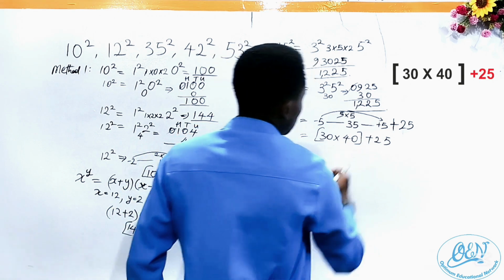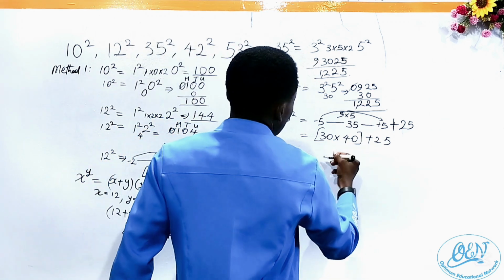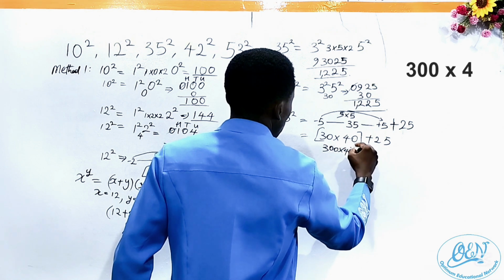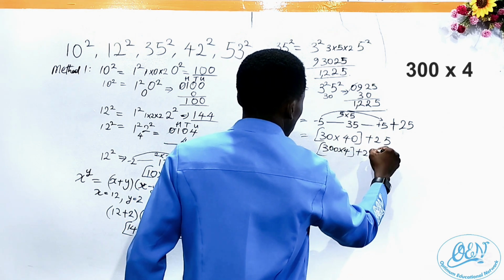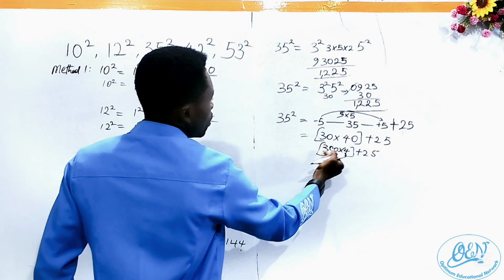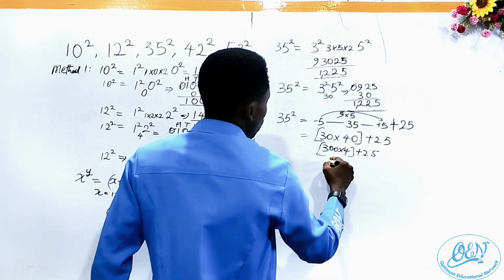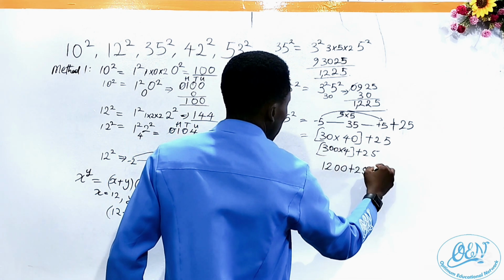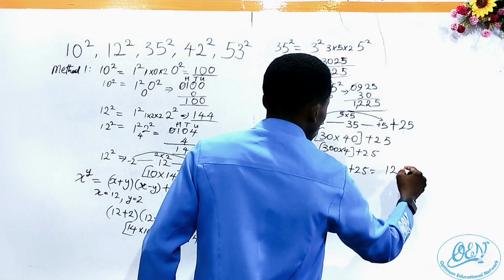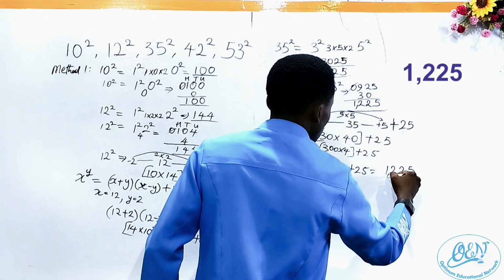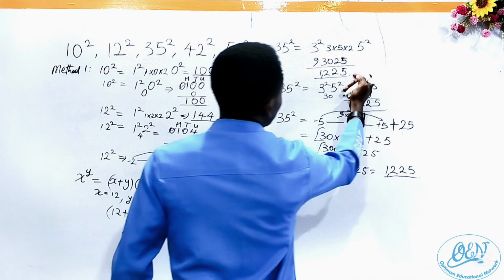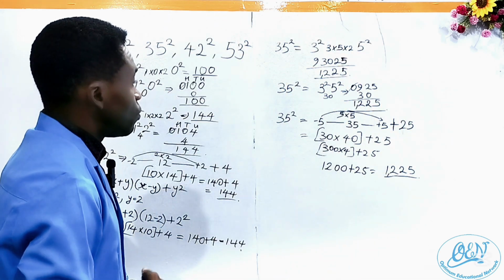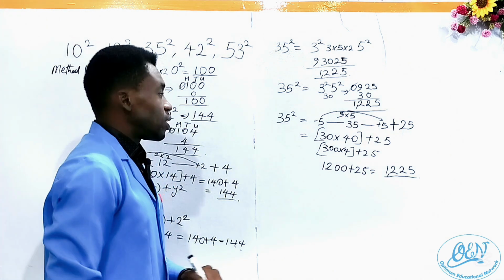Now 30 times 40, just have 300 times 4 plus 25. 300 times 4, this 4 times 3 is 12, so you have 1200 plus 25. This is going to give you 1225. So any of these methods you use, this, or the other one, you are going to get the same answer.